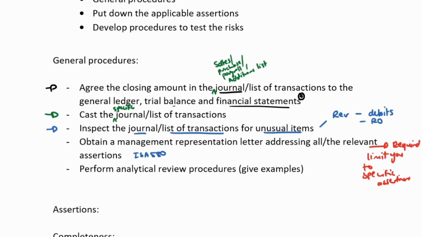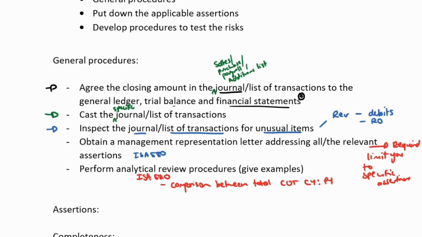And then finally, you must do analytical review procedures and you must give examples. ISA 520, which deals with your analytical procedures. But just so you know, we're doing comparisons here. So you need to do a comparison between the total of the class of transaction in the current year to the prior year to see if it's reasonable.